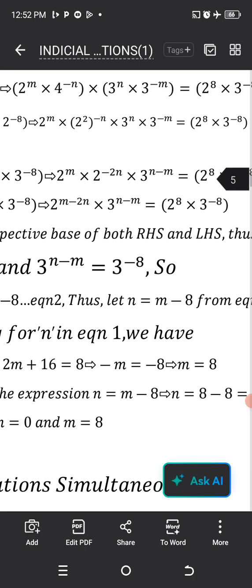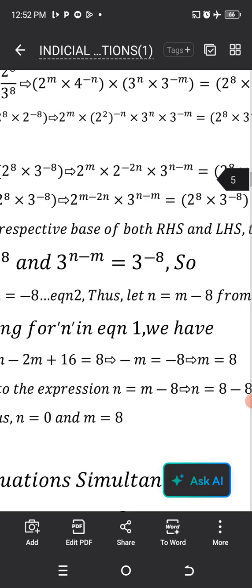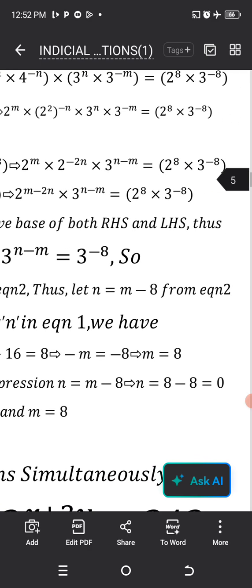We have applied the product law to this one. That is why 3 raised to power n multiplied by 3 raised to power minus m has changed to 3 raised to power n minus m. The same thing has been done to the base of 2 with different exponents. That is why we have 2 raised to power m minus 2n multiplied by 3 raised to power n minus m, which everything actually equals what?